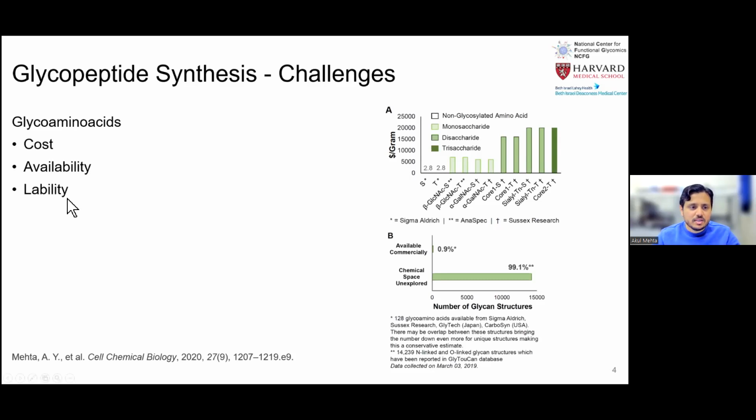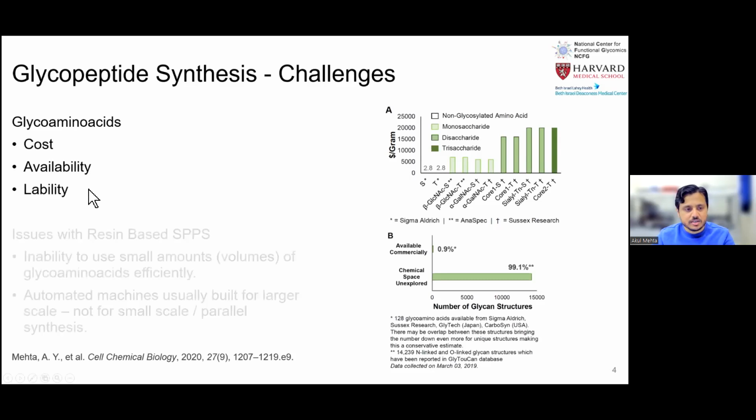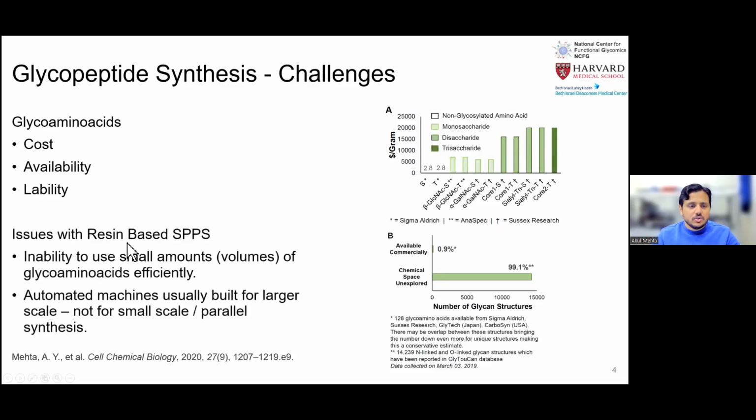The last issue is lability. Some glycans are susceptible to being labile in the conditions for glycopeptide synthesis, which makes it more challenging. The issue with resin-based solid phase peptide synthesis is that you are unable to use small amounts or volumes of glycoamino acids efficiently.